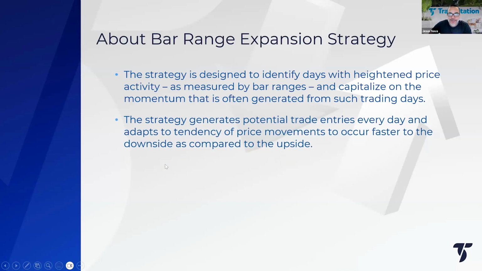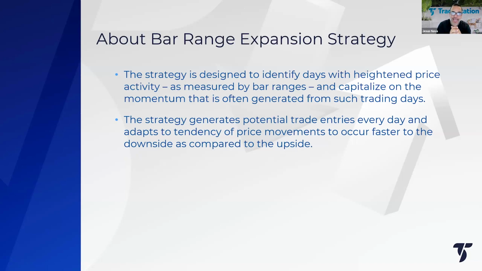So the strategy generates potential trade entries every day, and it adapts to the tendency of price movements to occur faster to the downside as compared to the upside. What does this mean? It means that on every single day, the strategy is aware of what the range has been on the prior days.